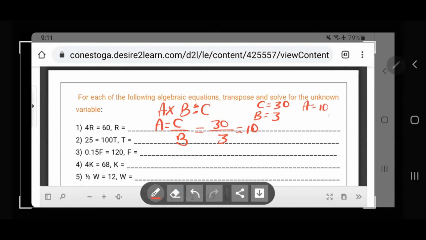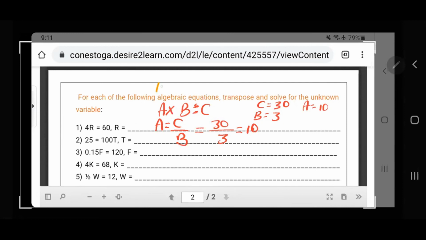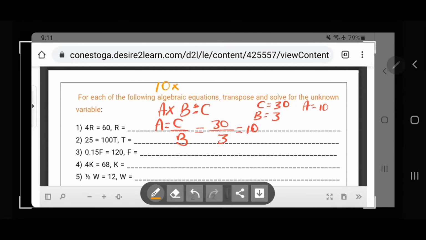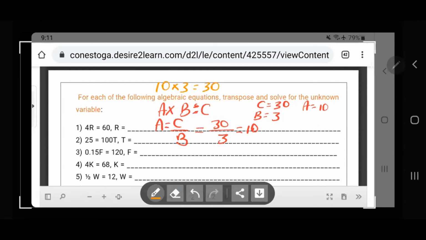If I want to prove if my transposing was right, then I would substitute into the original formula the number that I found, and I would say, is it really that 10, which is the number that I found for A, times 3, that is the number that I already have, 10 times 3 is equal to 30. So yes, everything matches. That means that I was able to transpose my formula the right way.